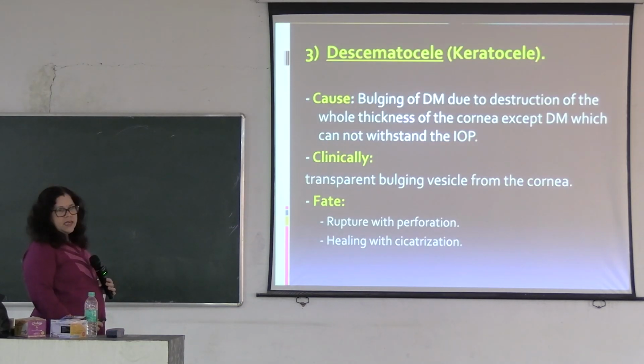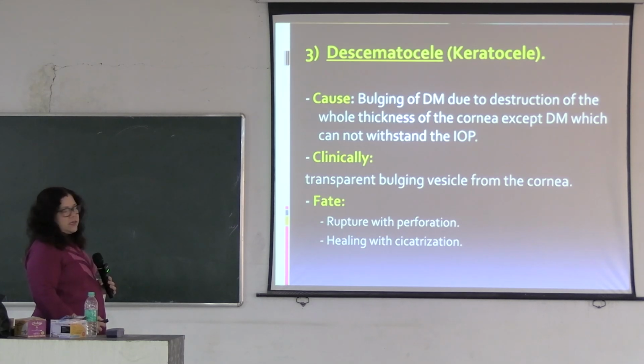Then the third one is descemetocele. What is descemetocele? Which layer is Descemet's membrane? Fourth, fifth? Pre-Descemet layer, then Descemet layer. So it is the fifth layer. There are a total of six layers of the cornea.